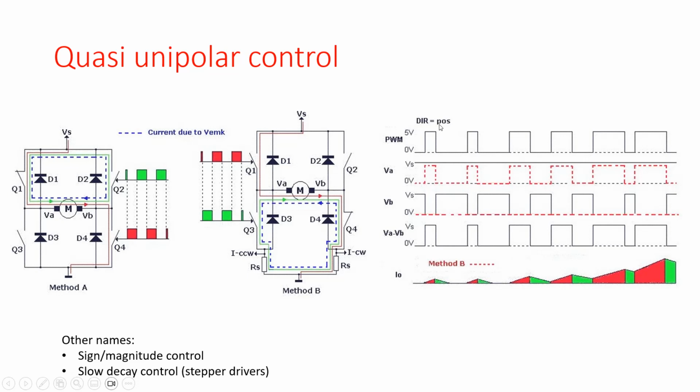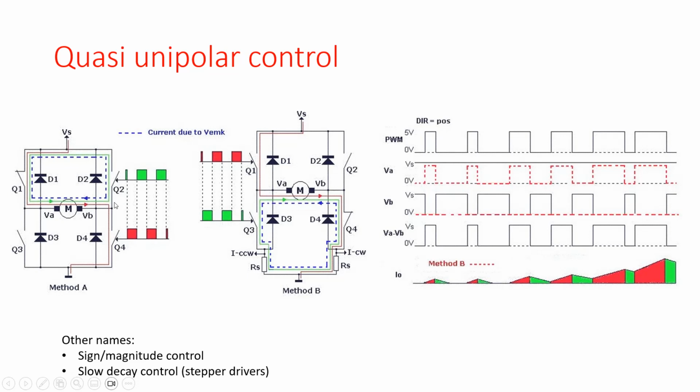Now let's look at the situation in which we had very small values of my PWM signal. So Q4 is closed for a short time and Q2 is closed for a longer time. What we see is that during the positive value of my PWM, my current increases, and during the zero part of my PWM, the current decreases again, and in this situation, the current can drop to 0.